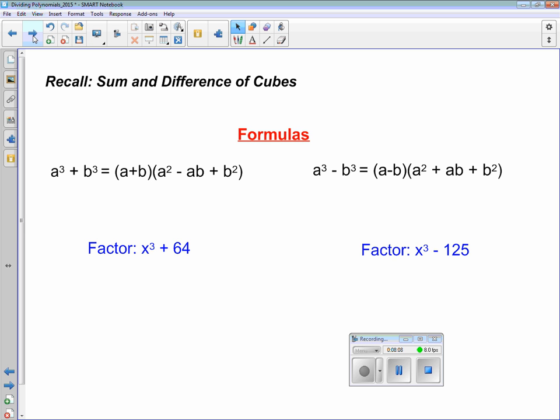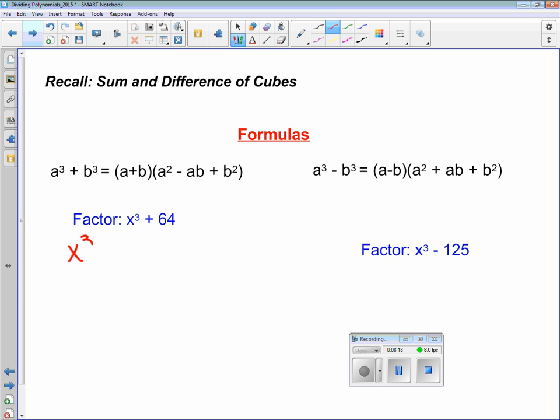So this x cubed plus 64 is that one that I just asked you to do. So let's rewrite it with A and B. So I have x cubed plus what cubed? What's B in our case with 64? 4, because I had a 4. So it's x cubed plus 4 cubed. So we know what our A and our B are.